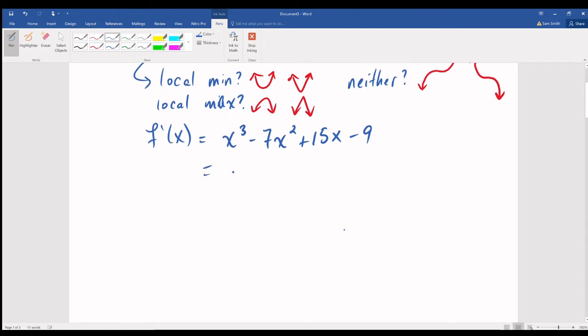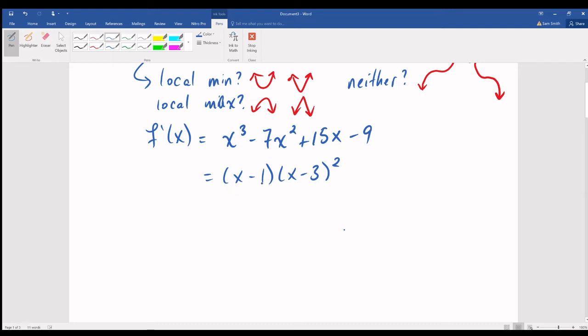And this factors, I think you can do this by grouping. No, you can't. I think you would have to use the rational root theorem to factor this, but I'll go ahead and give you the factorization. x minus 1 times x minus 3 quantity squared is how this derivative factors.